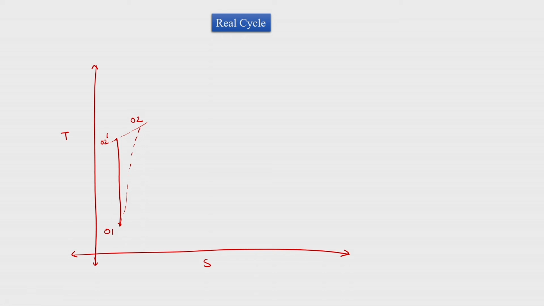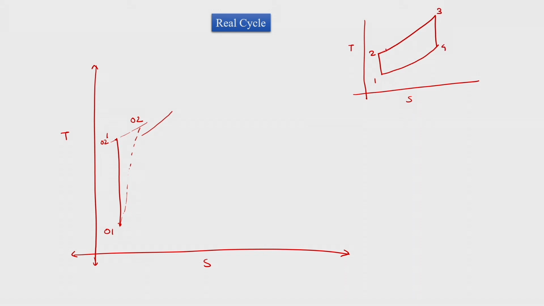If there is a heat exchanger, then there is a certain loss in total pressure in the heat exchanger. We know that our earlier TS diagram with heat exchanger was like this, which was 1 to 2, 2 to 3, 3 to 4. So 2 to 5 was heat addition in the heat exchanger at the end of the compressor, before the combustion chamber, and 4 to 6 was the loss of heat in the heat exchanger from the gas side.